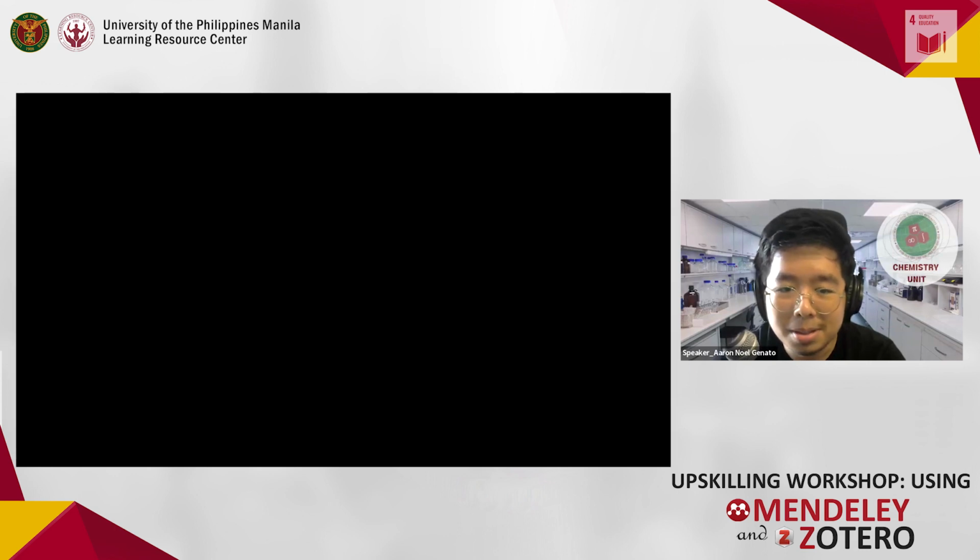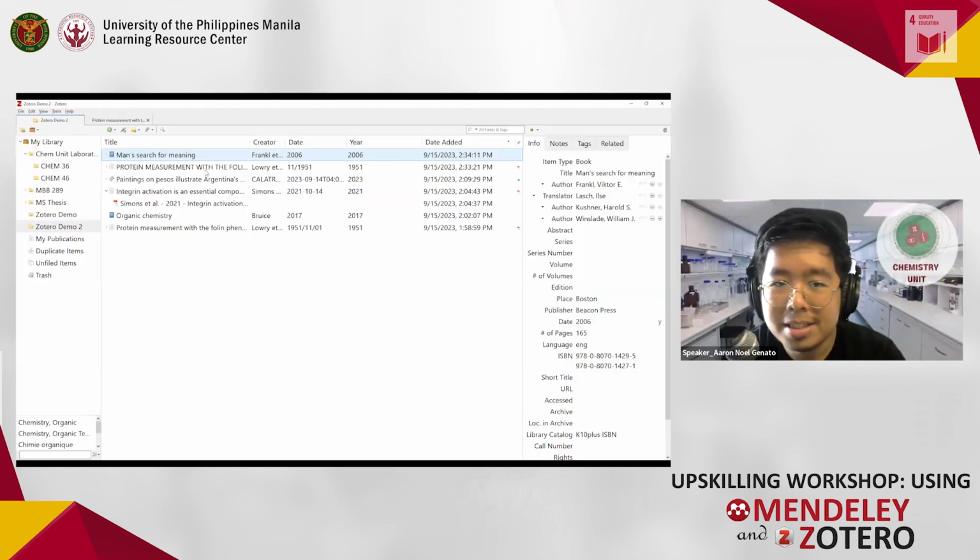So, for example, I have here Man Search for Meaning, itong si Frankl et al. Na book. And I want to cite it, kunyari, I'm using a word processor na walang plugin installed. I can simply copy and paste it, Control C, and then go to my word processor.